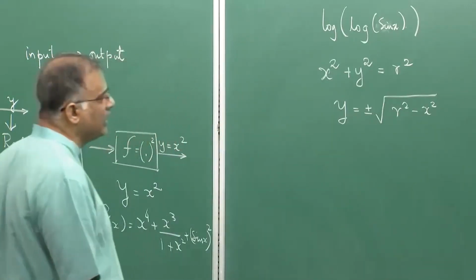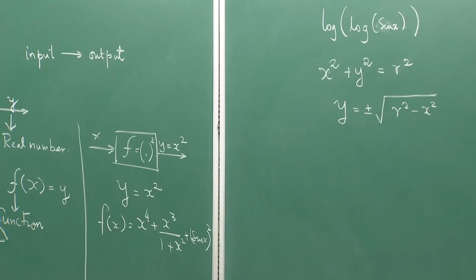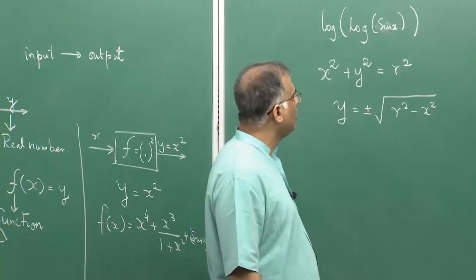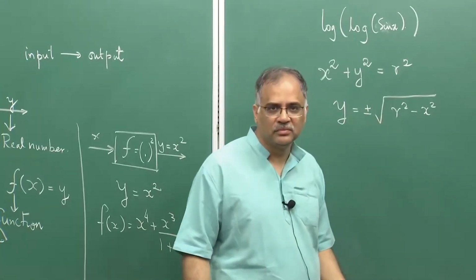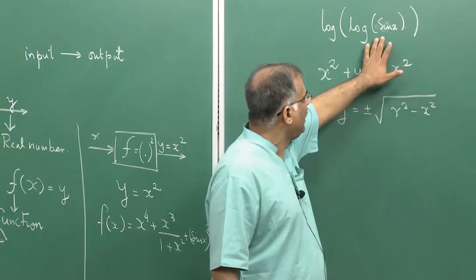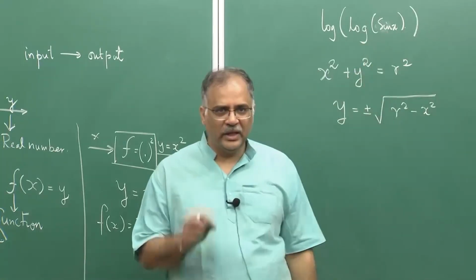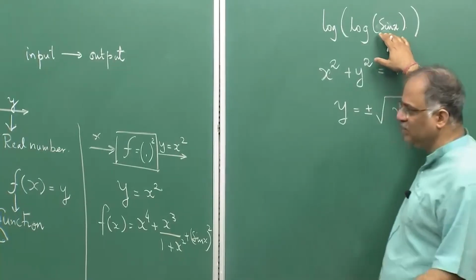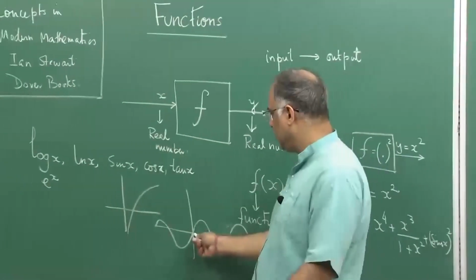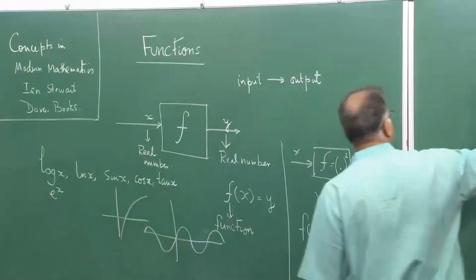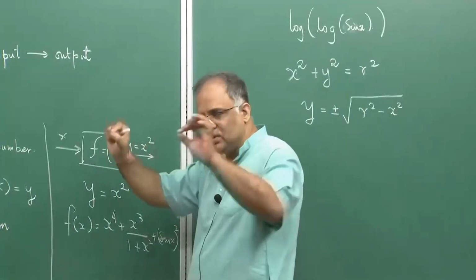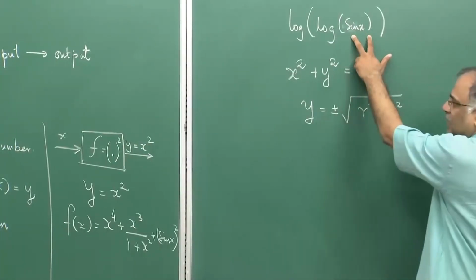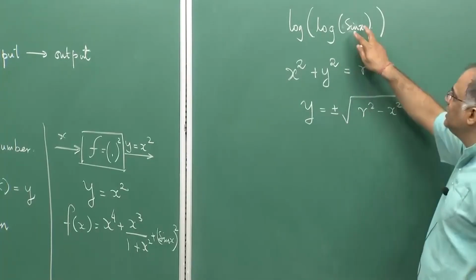So, simple square rooting is not a function, and even things which look like functions and do not have this problem may not be defined everywhere. Even if I take those values of x where sin x is positive, say I restrict x between 0 and pi by 2 without taking 0 and pi by 2, still log of sin x will not be defined, right, because sin x is less than or equal to 1.